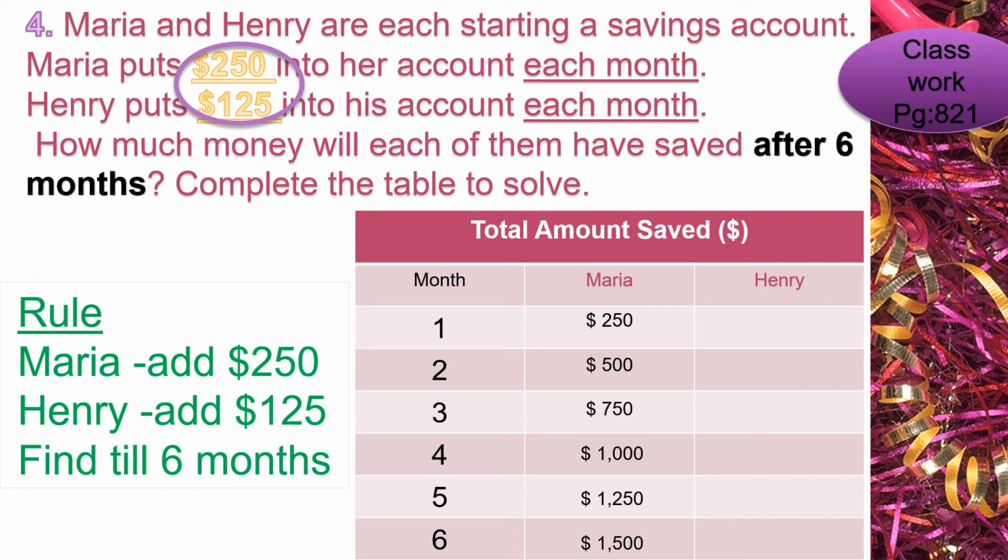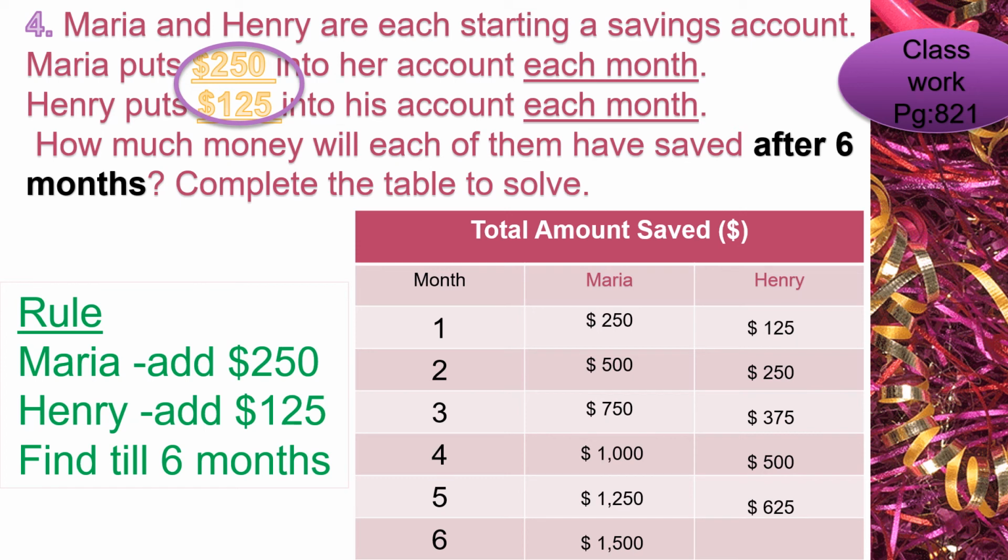So now let's start for Henry. For Henry, what is the rule? Add 125. So we start with 125. So now add 125 with 125. What will it be? Yes, 250. Now 250 plus 125, 375. What will be the next number? Yes, 500. Now the next.